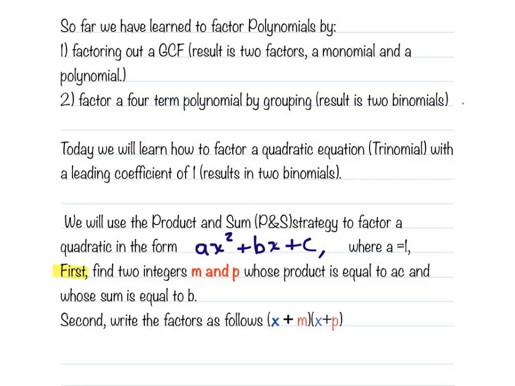First, you must find two integers, and we'll call them m and p, whose product is equal to a times c, and whose sum is equal to b. Second, you're going to write the factors as follows. 2 binomials, so you will have x plus m times x plus p.